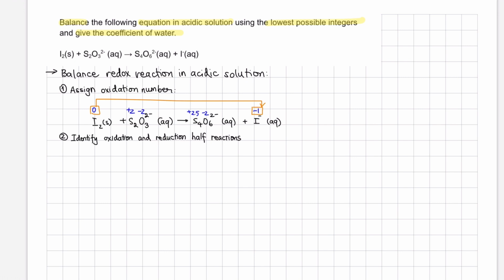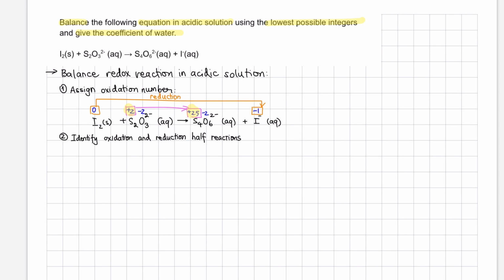So we see iodine going from 0 to -1 oxidation state. That's a decrease in oxidation number, so we can identify that as the reduction half of the equation. And then for sulfur, we see it goes from +2 to +2.5.